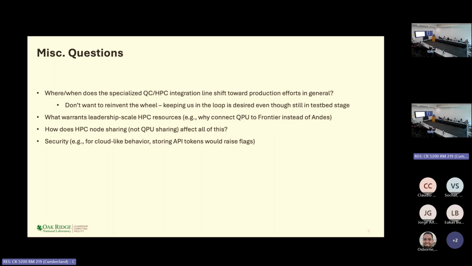And the can of worms of where HPC node sharing is, how will that affect all of this? Because at this center, we have, at least for now, exclusive nodes by default, but I don't think it's going to stay that way. Just based off of what we're exploring with systems right now and with how expensive things are getting, I think we're looking toward doing node sharing more, if that's not the way of the future.